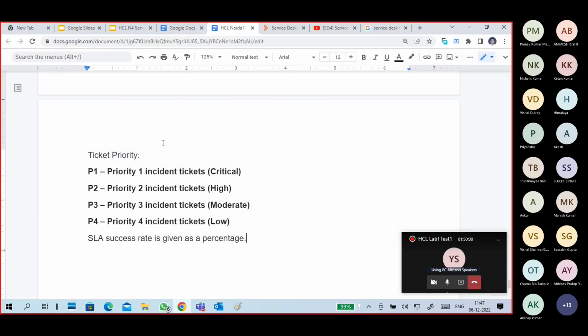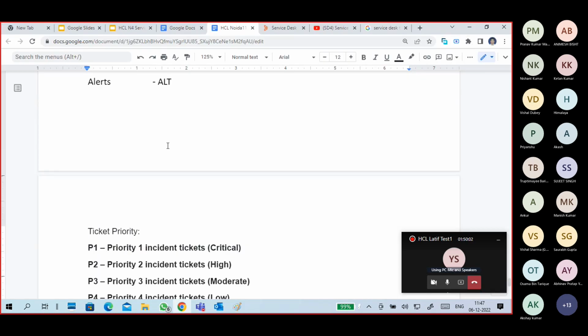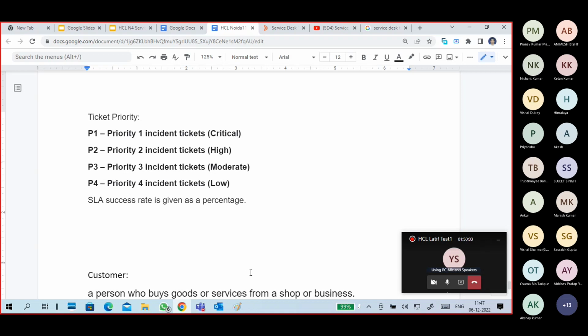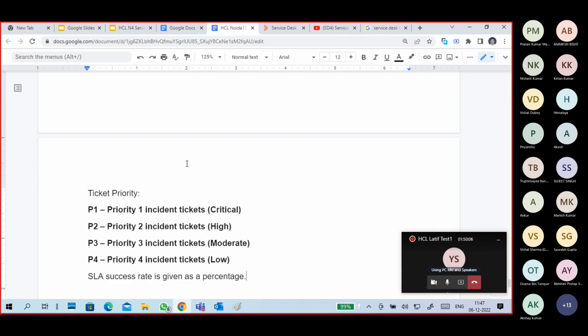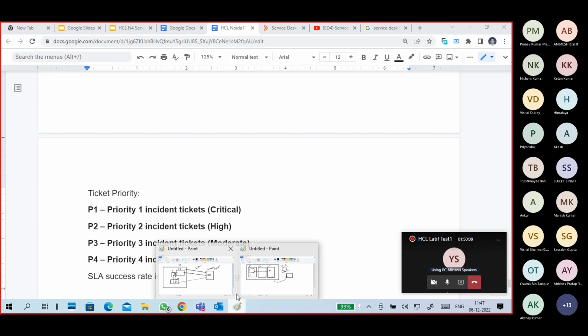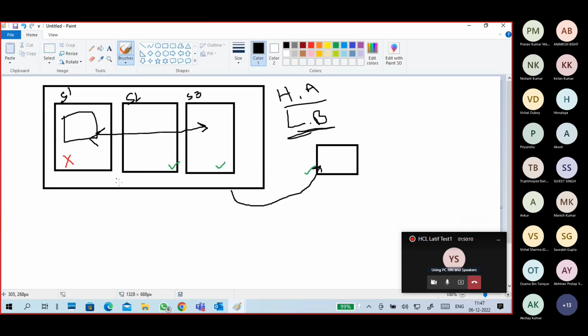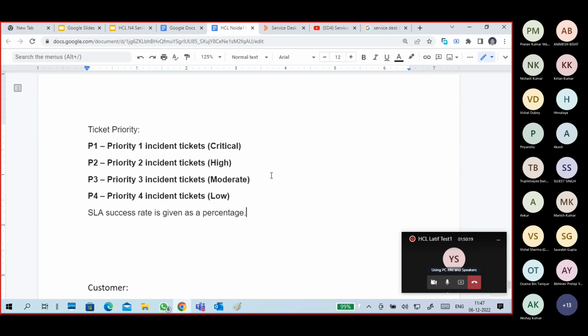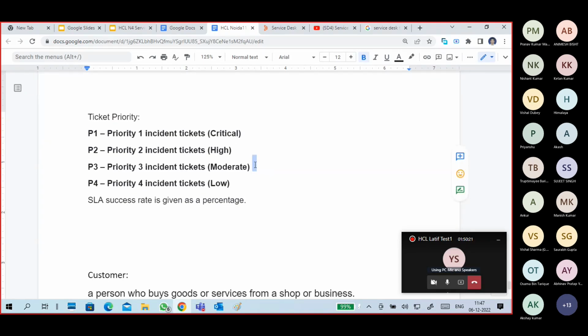So in here, okay, that's the point, guys. I'm monitoring these servers. If any one of the servers is down, immediately through an alert I get a notification that one of the servers is down, but the service is not down. So then it can be a high priority or a moderate priority because the service is still there.